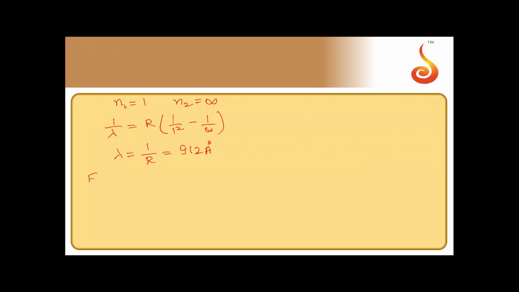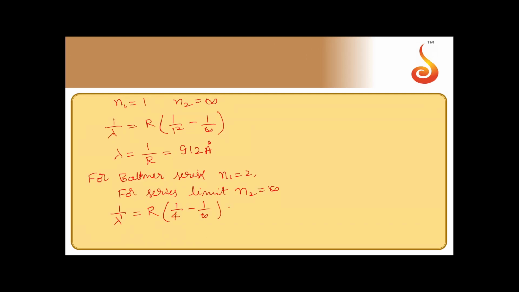Now for Balmer series, n1 is equal to 2, and for series limit n2 is equal to infinity. So 1 by lambda, let us say this is lambda dash, will be equal to R into 1 by 4 minus 1 by infinity.